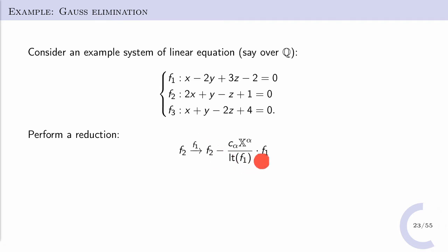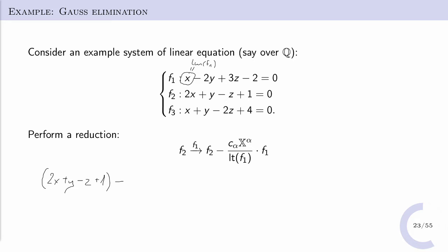So we have something like this. I will do the computation by hand, so you can see all what happens here. So we have 2x plus y minus z plus 1. This is our f2 minus, and now this is the leading monomial of f1.